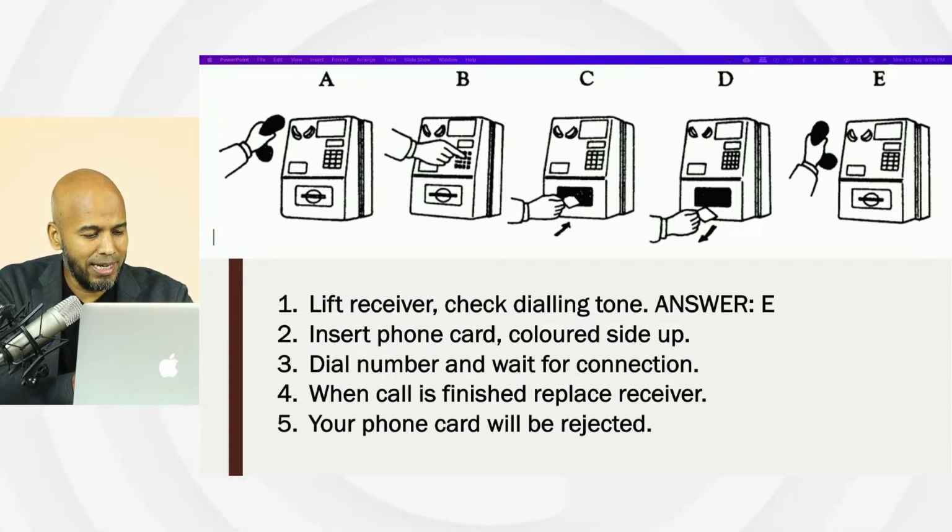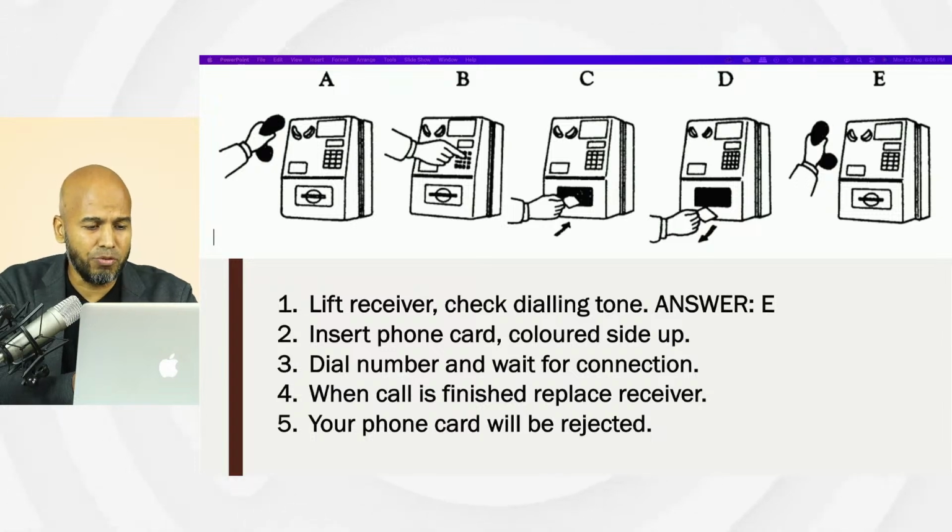When call is finished, replace receiver. Considering replacing the receiver, we have 2 different images, A and E. As E has been given already, there is only one answer, that is A.